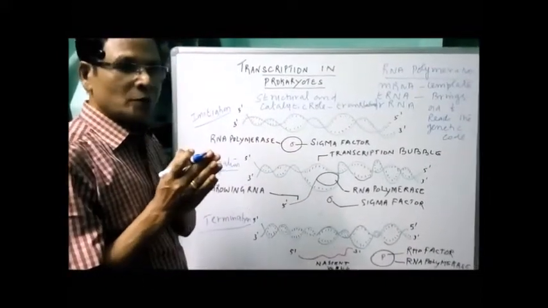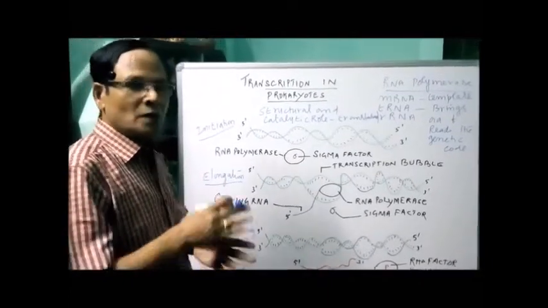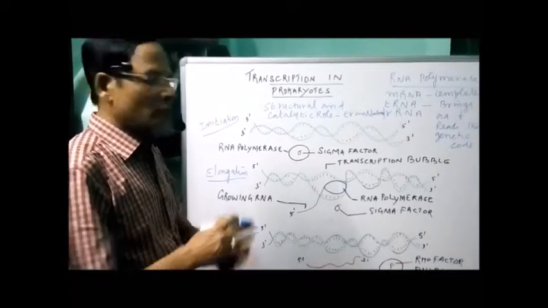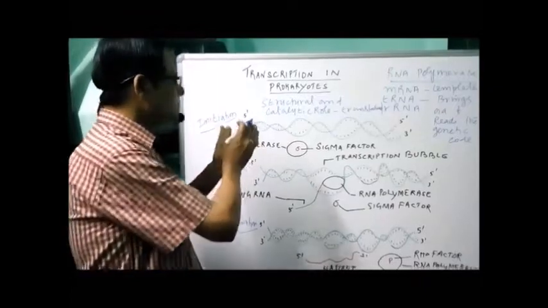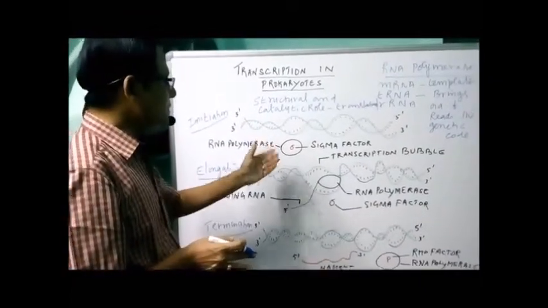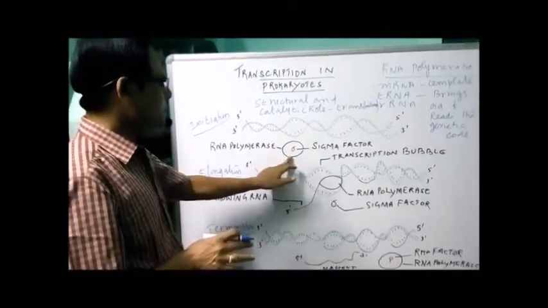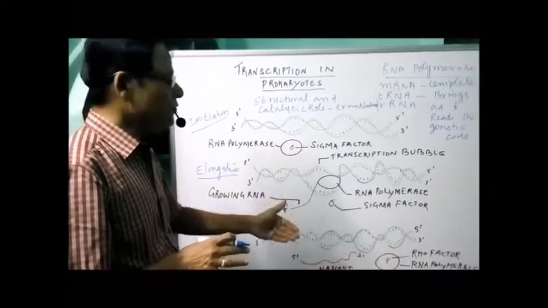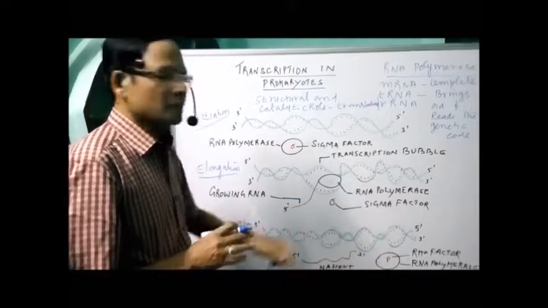Normally, the RNA polymerase binds to the promoter region. So, the RNA polymerase binding site is nothing but the promoter, where you have the Tata box. That one directs the RNA polymerase to the site of transcription. And now, the sigma factor initiates the process of transcription. Once the process of transcription is initiated, the sigma factor is relieved from the RNA polymerase core enzyme. You see, it is left out.